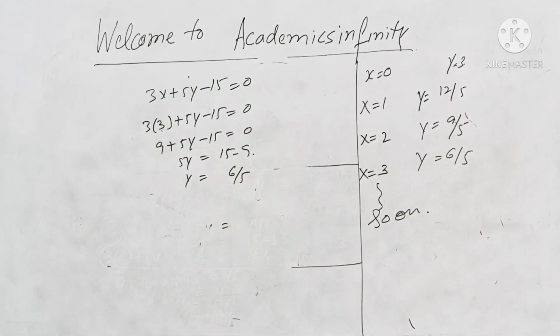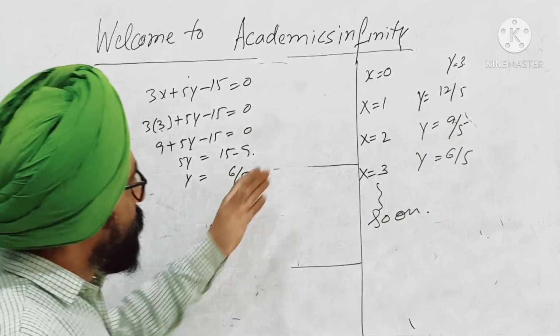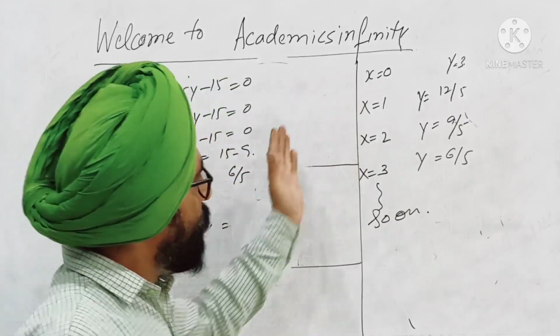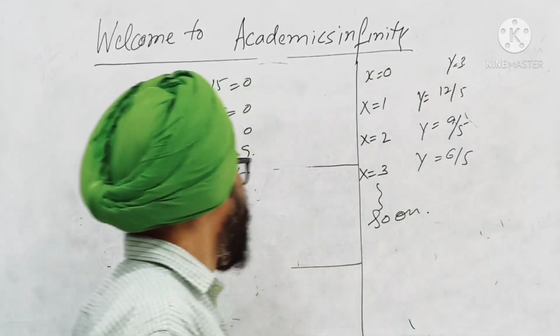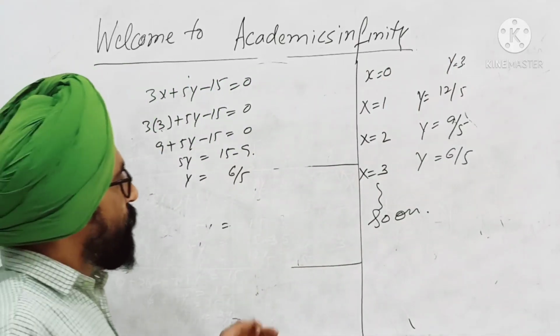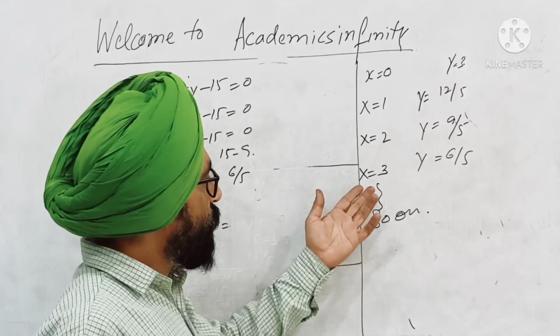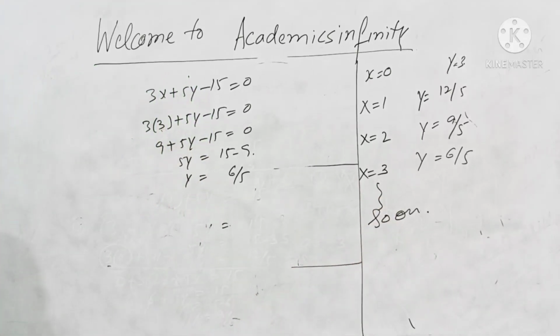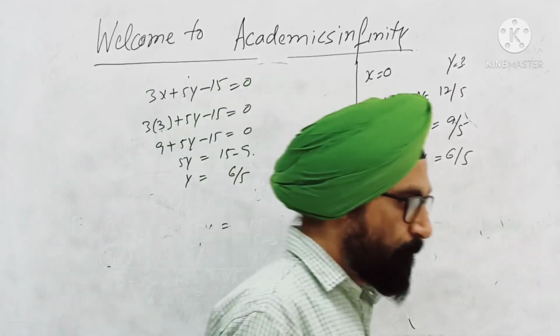So it is clear that you can suppose any value of x, and the value of y will change. You can take x is equal to 4, x is equal to 5 and so on. The value of y will be different.